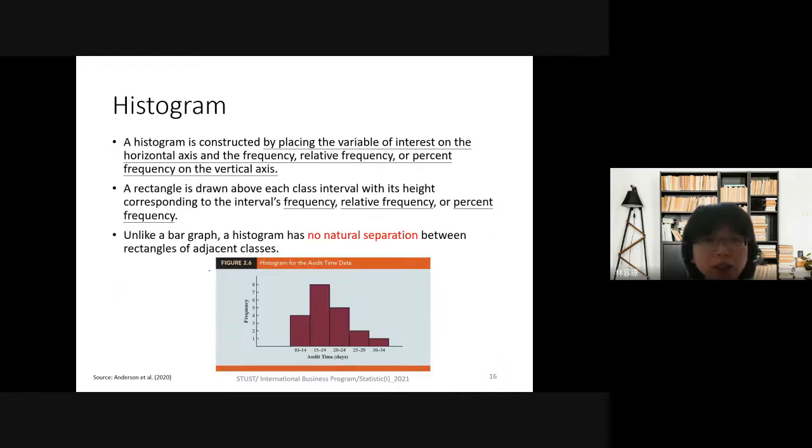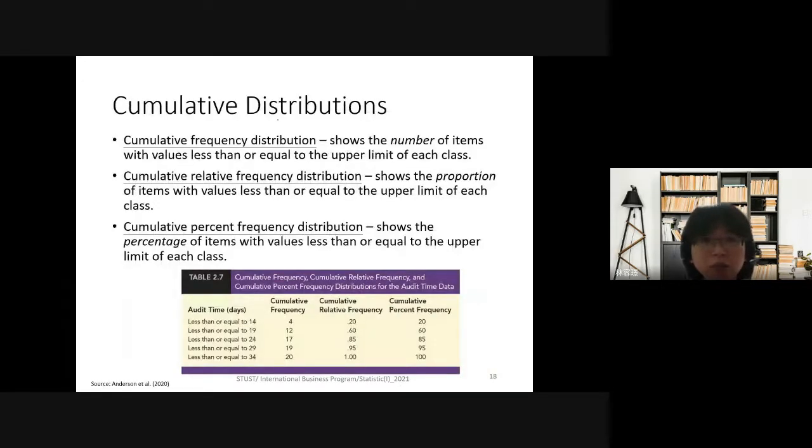But in the cumulative distribution, that means you need to cumulate them. So the items, originally 10 to 14, 15 to 19, 20 to 24, now you have to express them as less than or equal to 14, less than or equal to 19.